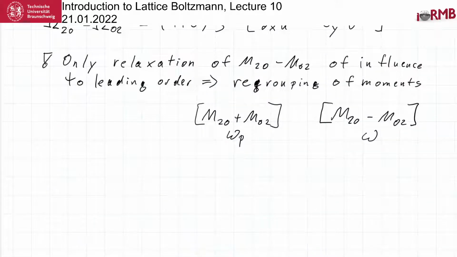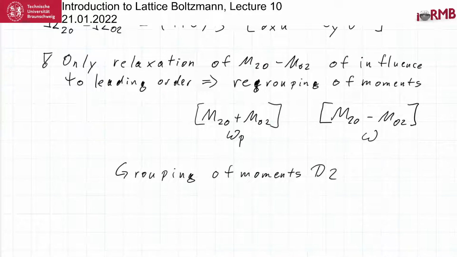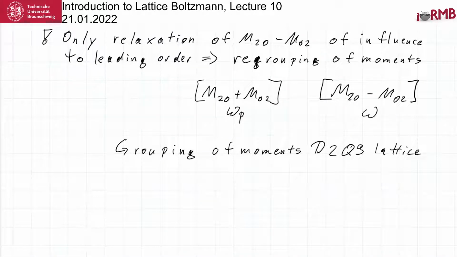So, this finally leads us to the grouping of moments, now for the D2Q9 lattice. This of course has to be done for each lattice individually. In this model we have of course 9 different distributions, so we have 9 different independent moments.